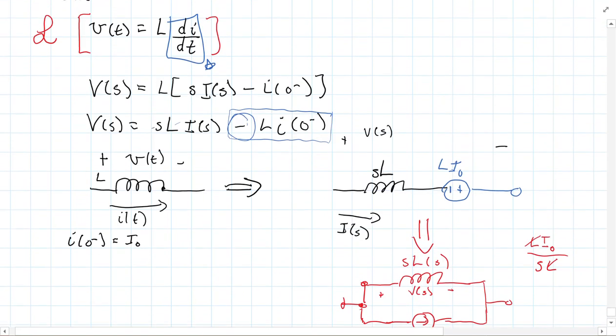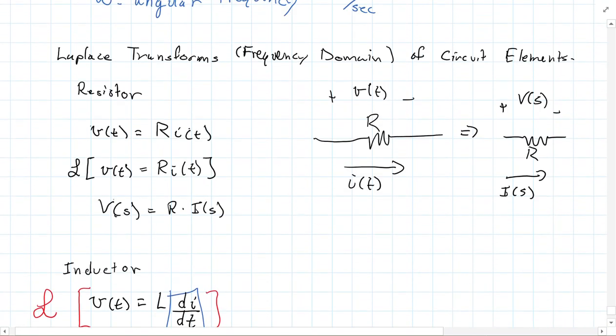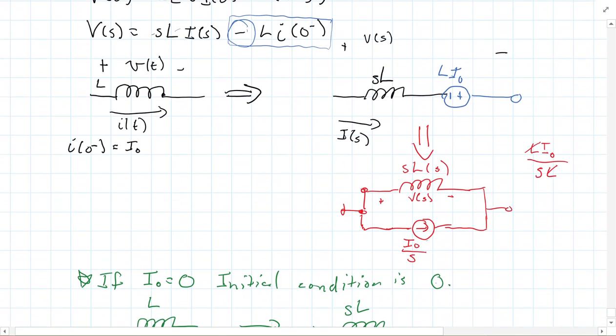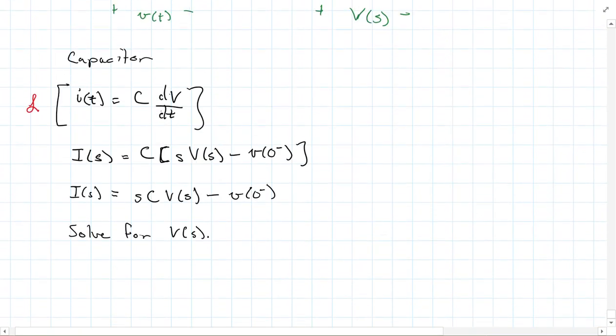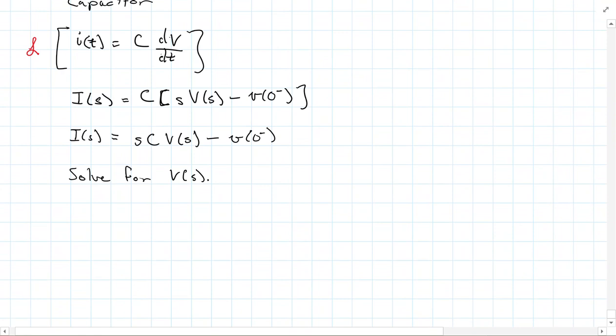We're always wanting to have some kind of Ohm's law relationship. Voltage is equal to something times current. For the resistor, it's just, of course, R times the current. In the case of the inductor, it was just S times L times the current, and then we had the initial condition. So I want to do the same thing for the capacitor, and I'm going to skip the steps of solving this. This is really easy to solve for V.